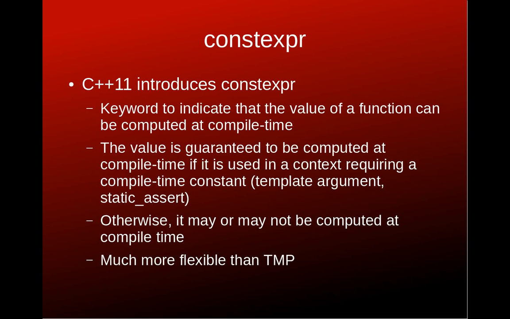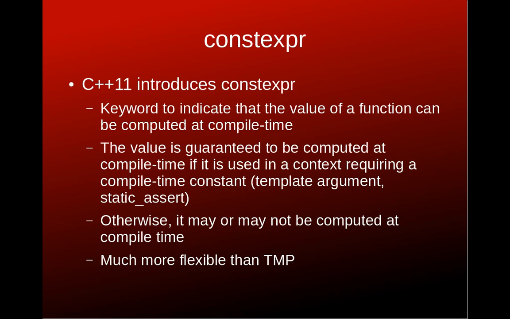So in C++11 we have this handy new keyword called Constexpr, and what Constexpr does is indicate that the value of a function can be computed at compile time. In a lot of ways, it's not a guarantee that something will be computed at compile time, but there are certain situations where it is guaranteed.